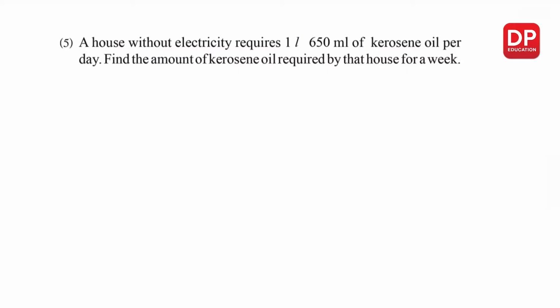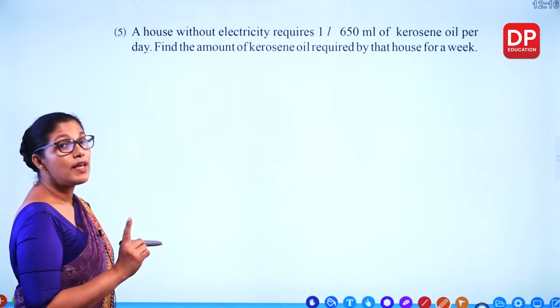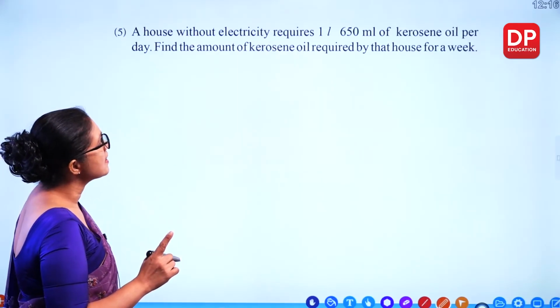Question number 5. A house without electricity requires 1 liter 650 milliliters of kerosene oil per day. Find the amount of kerosene oil required by that house for a week. So a week means 7 days.